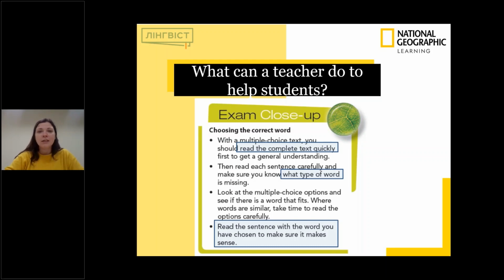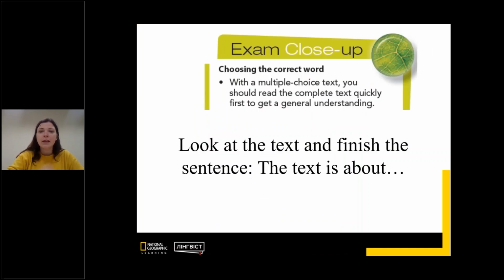I've underlined some important things here. So read the complete text quickly, understand what type of word is missing, and then read the text again with the sentence. So let's start. Our first tip was to read the text quickly to get the general understanding.